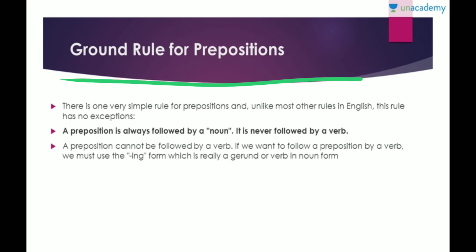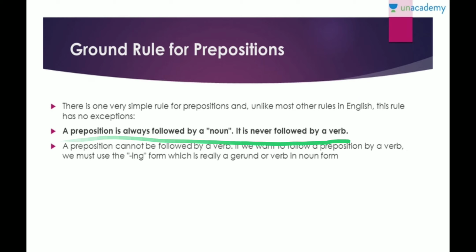Now we have certain rules for prepositions, which are very simple ground rules. There is one very simple rule for prepositions, and unlike other rules, this has no exception. It is one of the easiest things to pick up in English grammar. A preposition is always followed by a noun. It is never followed by a verb.